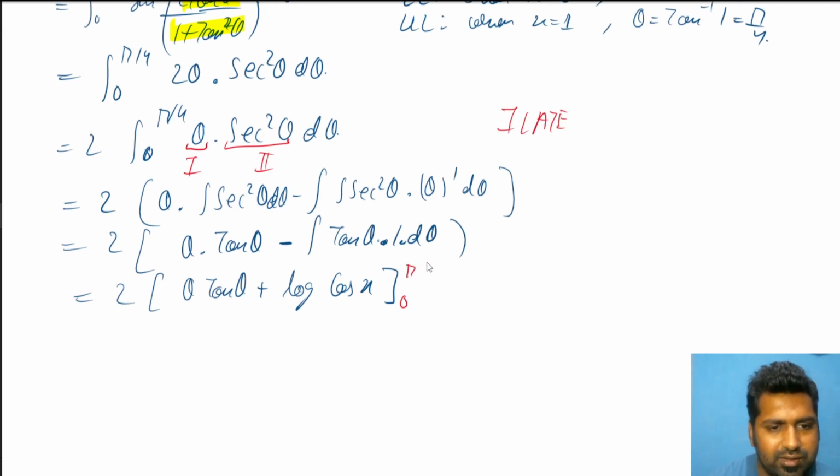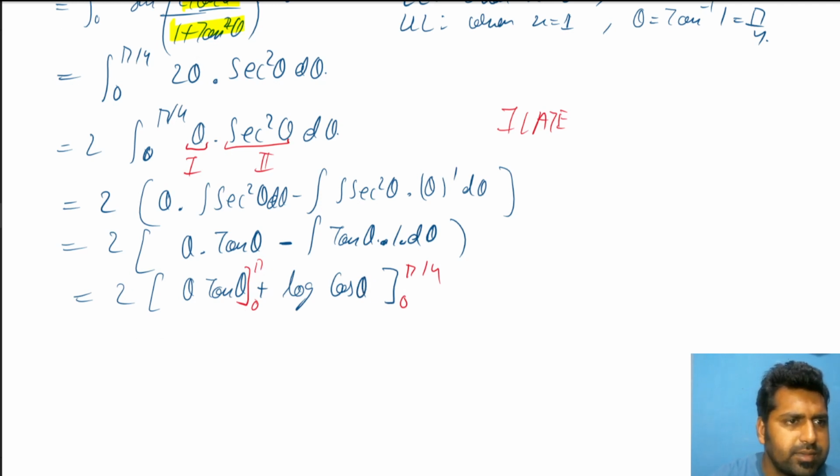Last step, now let's put the limits, 0 to pi by 4. Okay. Put the limits now, that's it. We can solve this directly also, or in 2 parts also. This was not log cos x, this was log cos theta, in terms of theta. 0 to pi by 4.